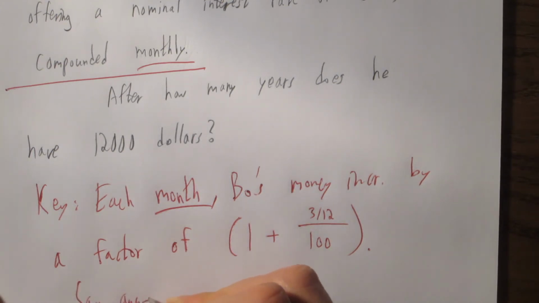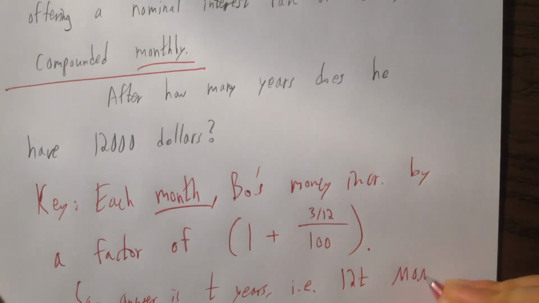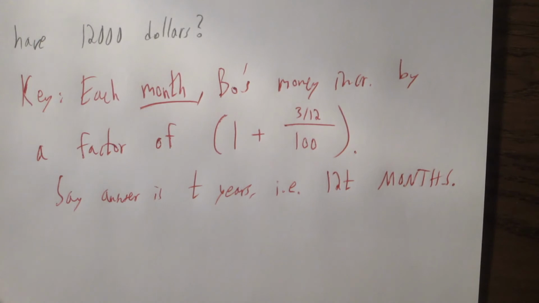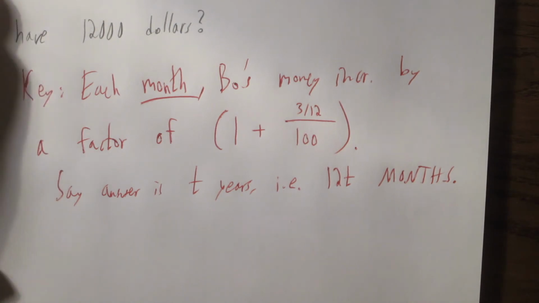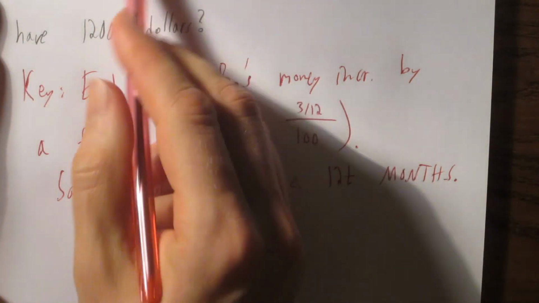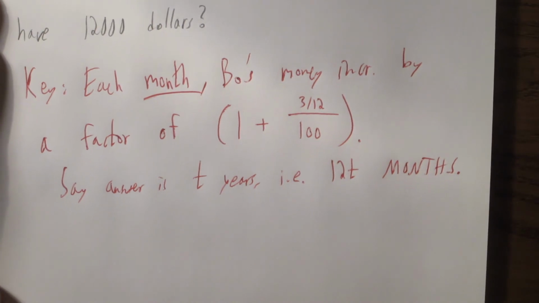Say the answer is t years, i.e. 12t months. So throughout your solution you're really working in terms of months, since that's what is happening with his money from a mathematical perspective.